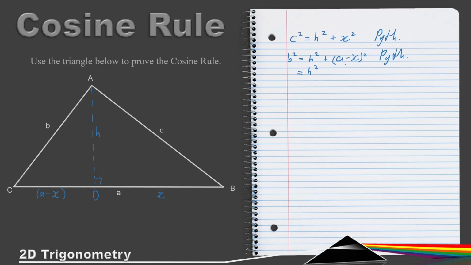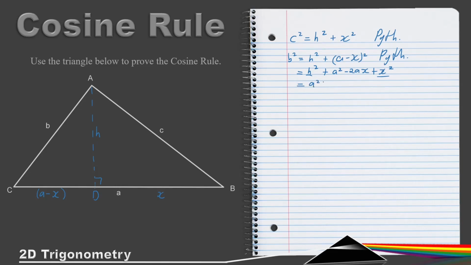So this is h squared, and then the fast way to expand this is to say a squared, multiply the two together, multiply by 2, so minus 2ax, and then plus x squared. Alright, now if we look closer, we can see this is h squared plus x squared, and here we also have h squared plus x squared. So I'm going to reshuffle these terms, and then I'm going to substitute in for c squared.